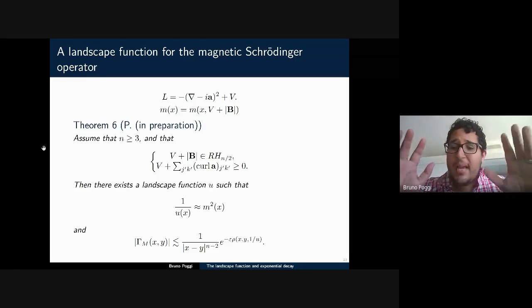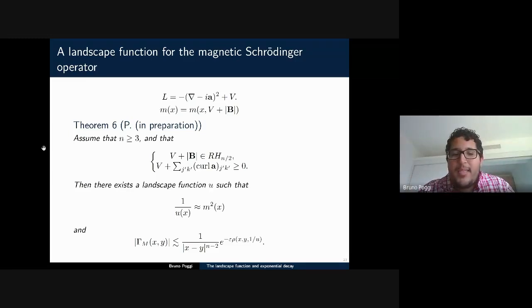Now, under those assumptions, I can obtain, I wrote here, for instance, the same exponential decay estimate that I wrote before. But what is the kicker here? The kicker is that I am no longer assuming the smoothness of the magnetic field, those unnatural conditions I mentioned before that were put on the magnetic field in order to make sense of the uncertainty principle.